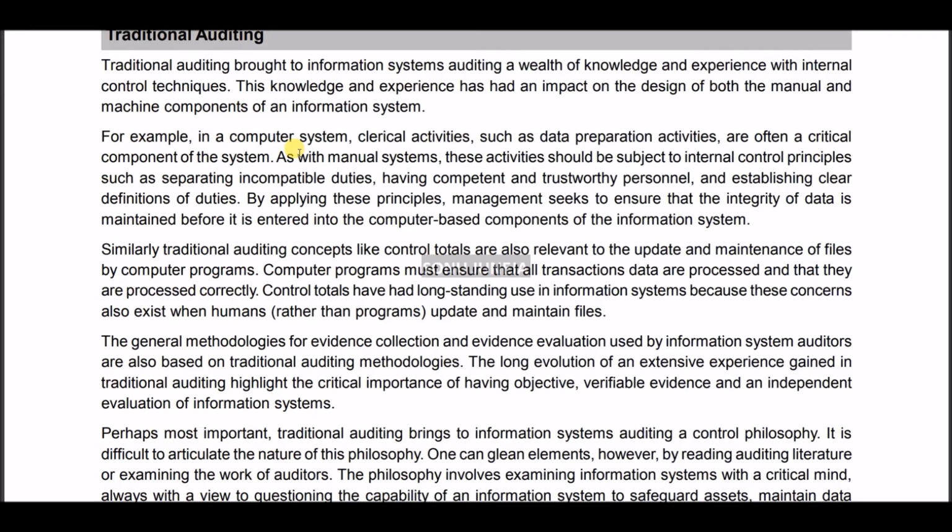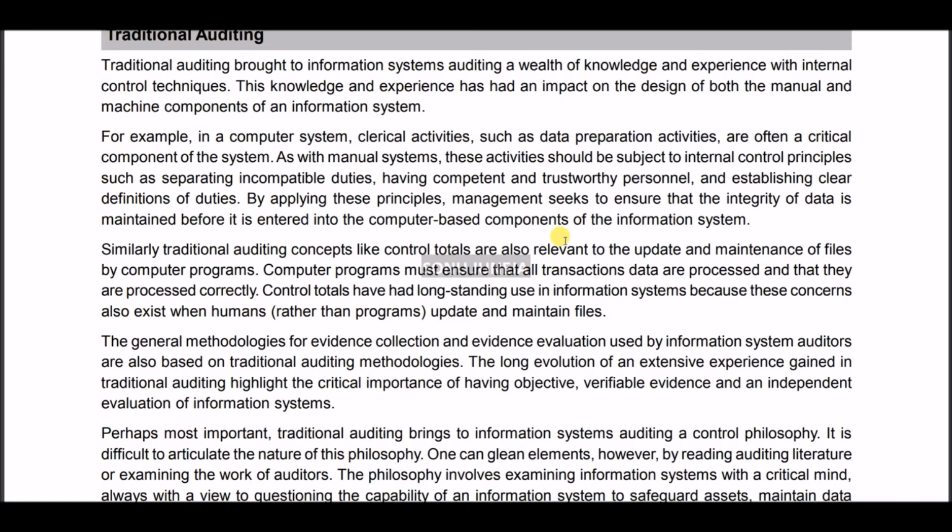And if the data has been prepared with respect to any external data or survey being collected, how reliable is that? So it makes sure that the integrity of data is maintained before it's entered into the computer-based components. Now, with respect to traditional auditing concepts, people are specified about their duty, the data they're supposed to collect, and the accuracy.